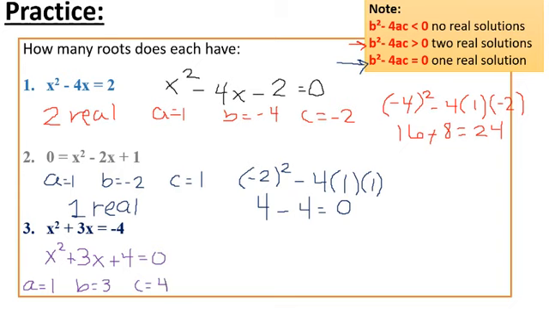So let's plug it in. This would be 3 squared minus 4 times 1 times 4. Now let's simplify. 3 squared is 9, minus 4 times 1 times 4, which is 16. Well, 9 minus 16 is negative 7. This is less than 0, so this would be no real solution, or if I graphed it, it would not go through my x-axis.